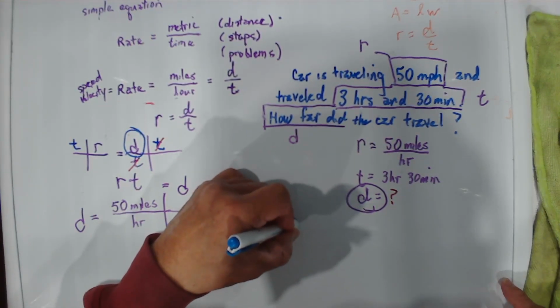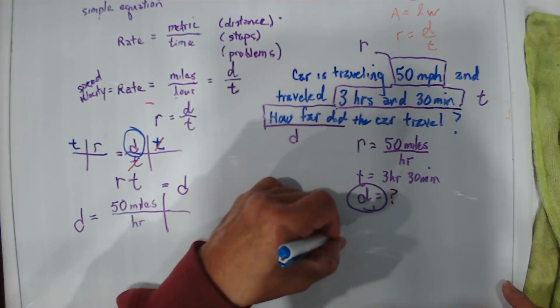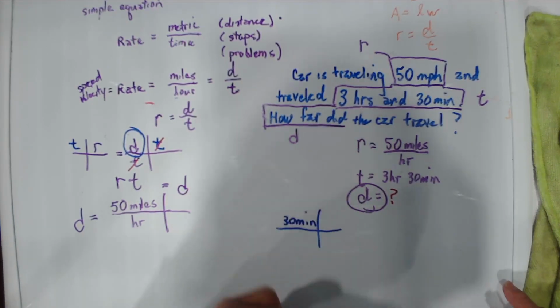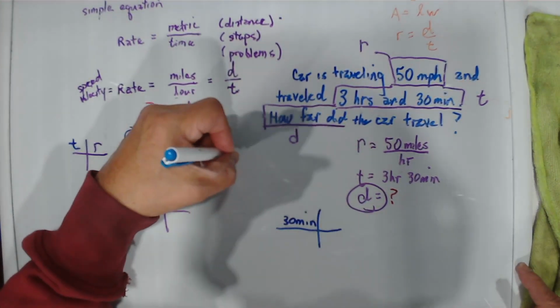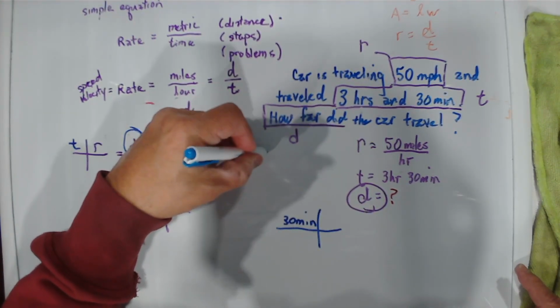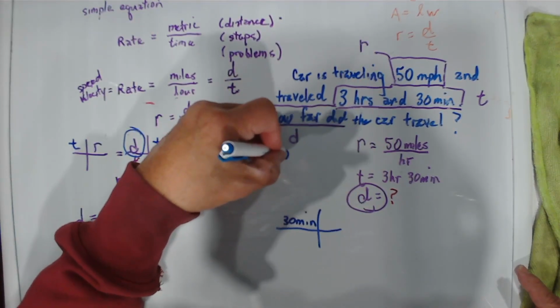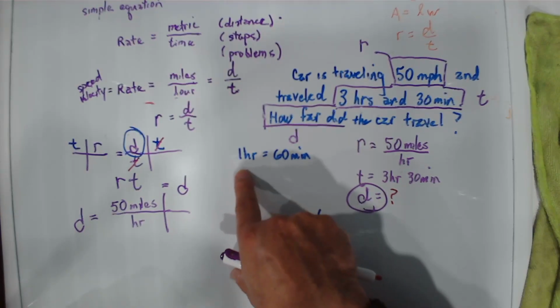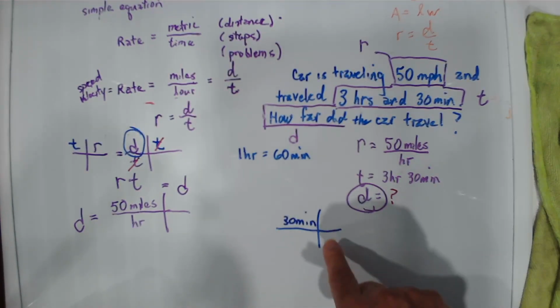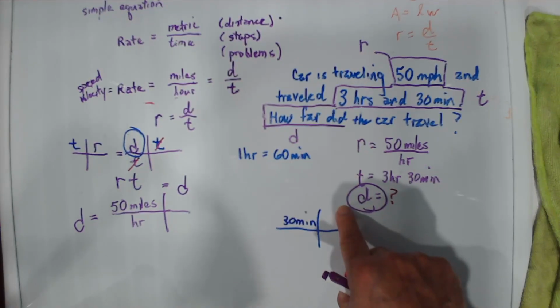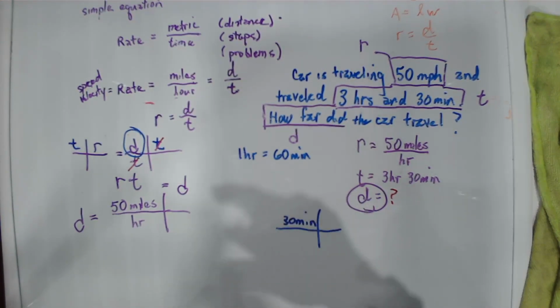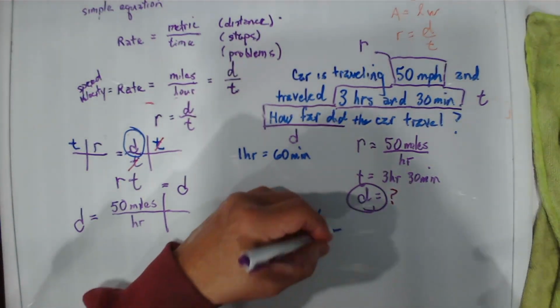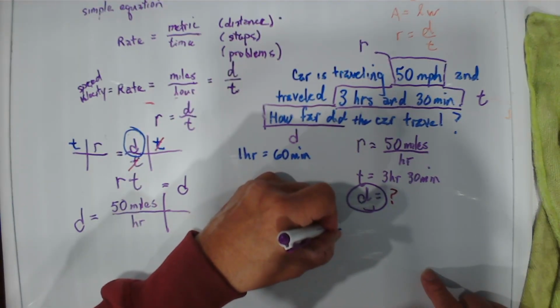30 minutes, and we know that 1 hour is equal to 60 minutes. So how do I use this ratio here to put it in the units I want? I want hours on top. Okay, so I'm going to put hours on top because that's what I want.